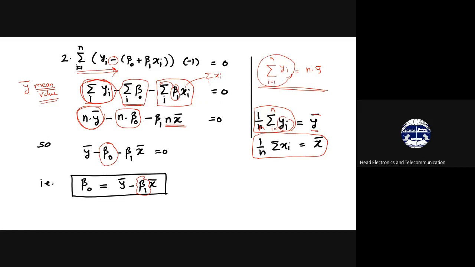Now we will take the second derivative. Now we will differentiate with respect to beta 1. Same error function, now we are differentiating with respect to beta 1. Here you will find that xi will come into the picture when I differentiate that equation with respect to beta 1.